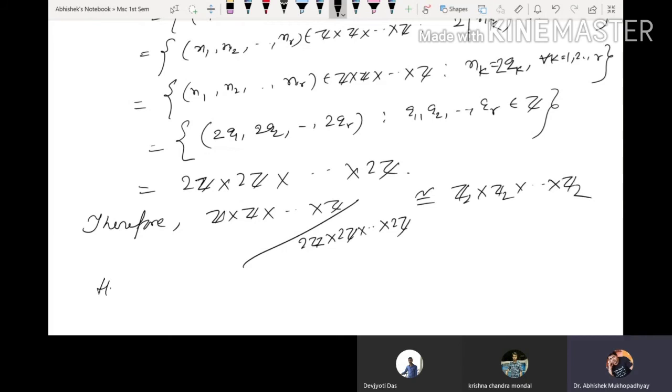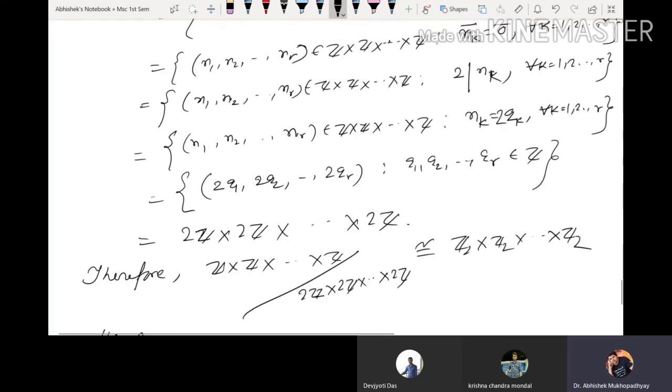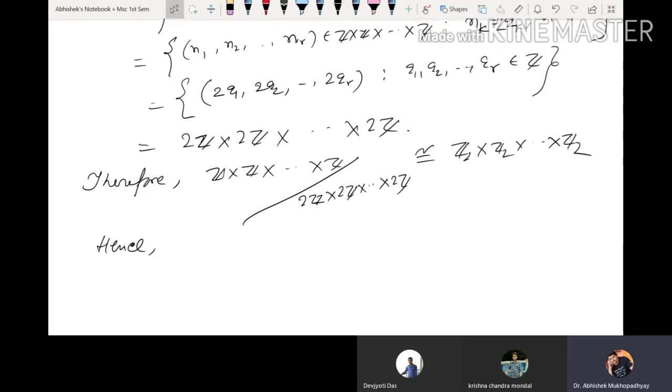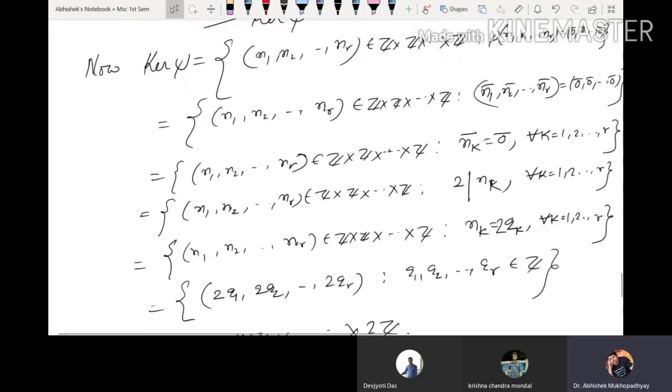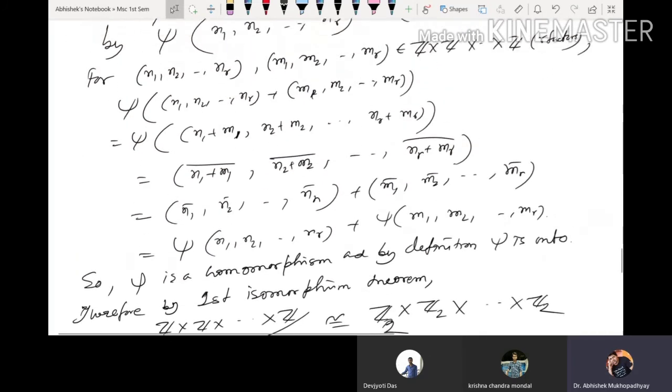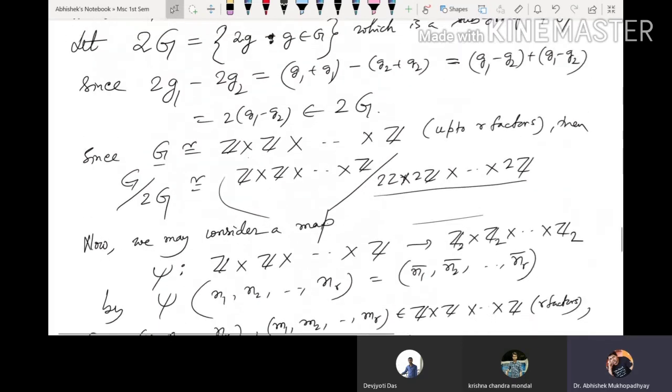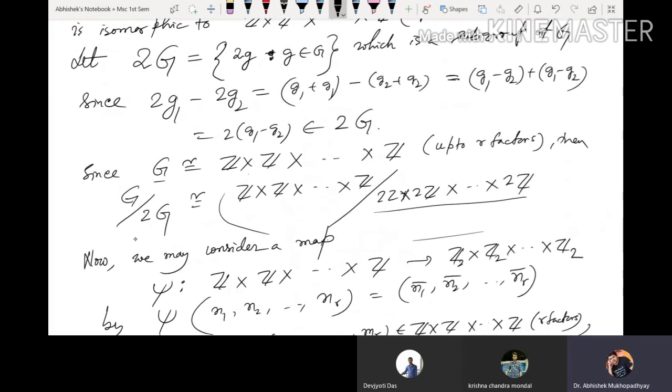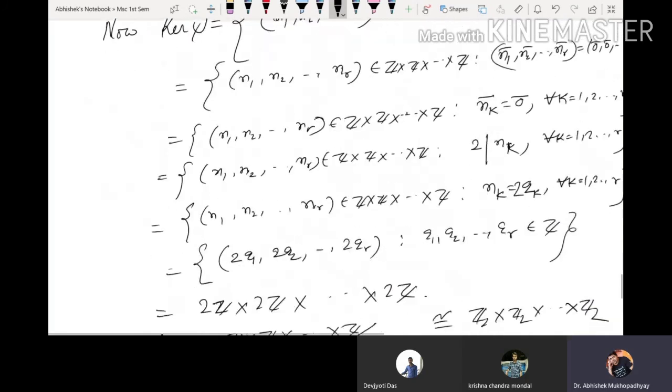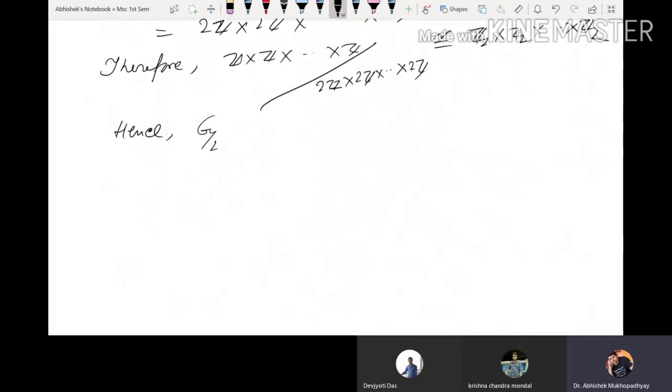So ultimately we have reached the isomorphism from G onto G by 2G onto Z2 cross Z2 cross ... Z2. So that is, G by 2G is isomorphic to Z2 cross ... cross Z2 to r factors.